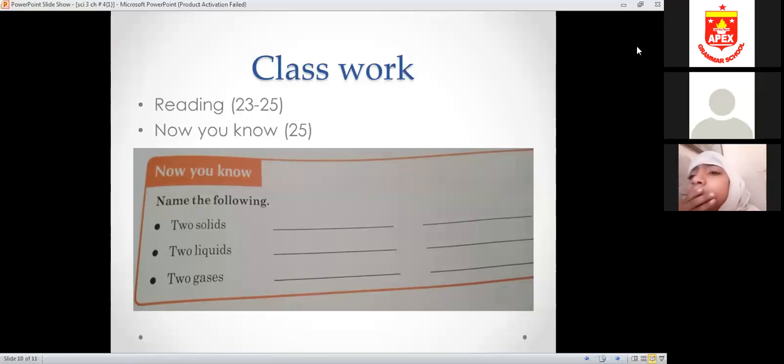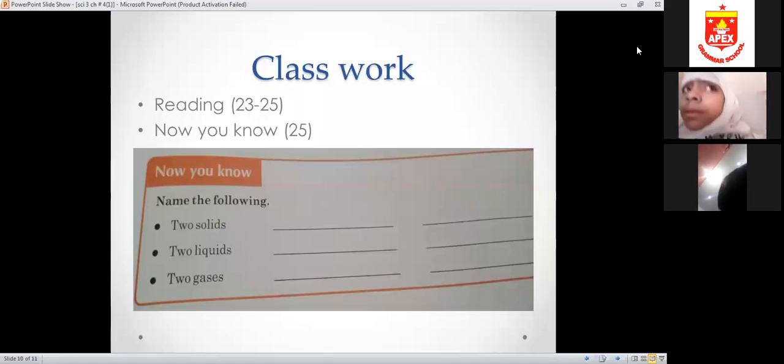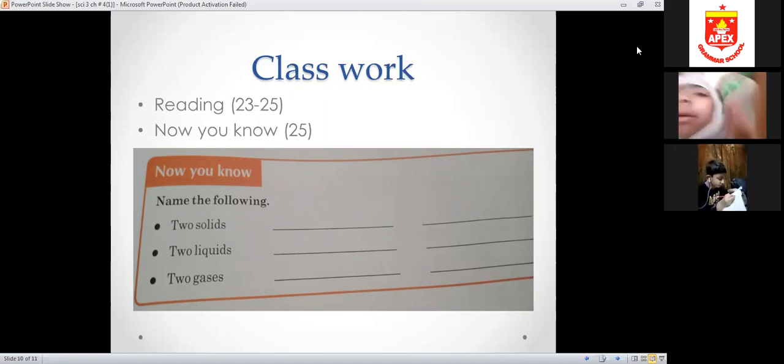Khadija. Now moving forward to Musa. Musa, continue from the gases. You know that the Earth is surrounded by air. Air is a mixture of gases.